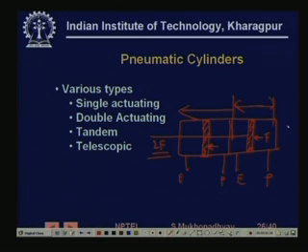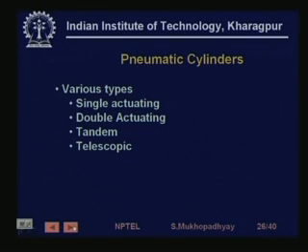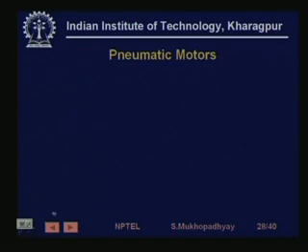Similarly, you can have telescopic cylinders where you can have large stroke lengths. So, there are various such things possible. We will not look at them in great detail. We will just see a picture of a pneumatic cylinder.